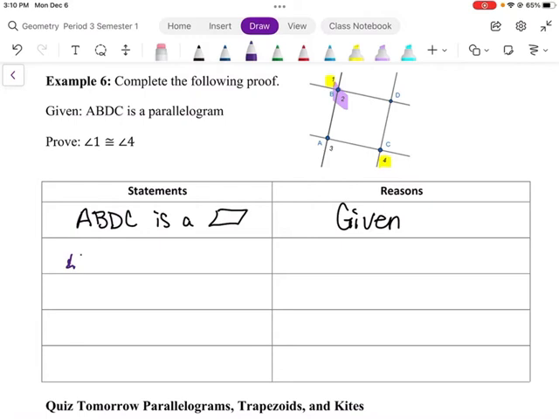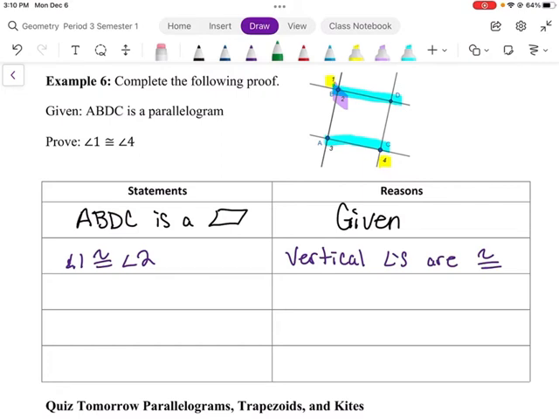And we know that vertical angles are congruent. And we know that BD is parallel to AC, so we can write that in there as well. And once we have parallel lines, then we can use all of those angle pair relationships with parallel lines to find some more congruent angles.